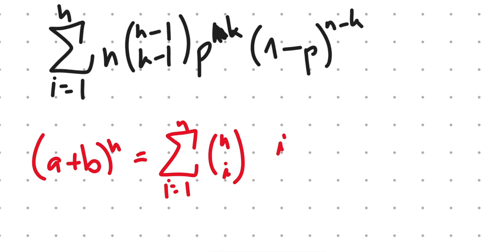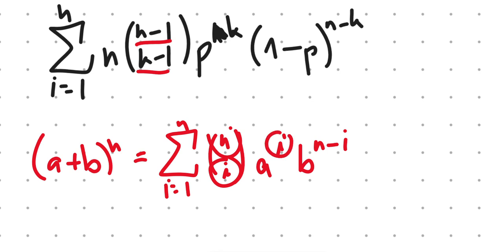I want to use b and a, so a to the i times b to the n minus i. Since we have the n and the i representing n minus 1, k minus 1, i is over here, which is going to be the p to the k, and the k is not k minus 1, so we have to change the k to k minus 1 so that we have a similar kind of thing over there.